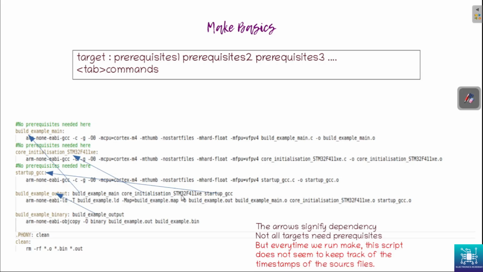So we have named these three targets here as the prerequisites and then ran the linker command. Now these commands start after the target name in the next line and it has to be tab separated from the margin, otherwise it will not work.